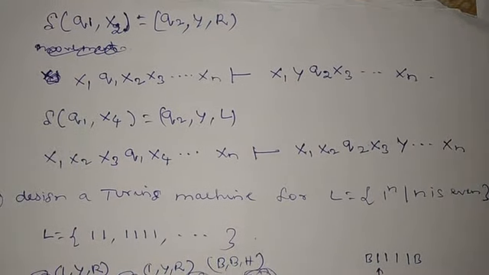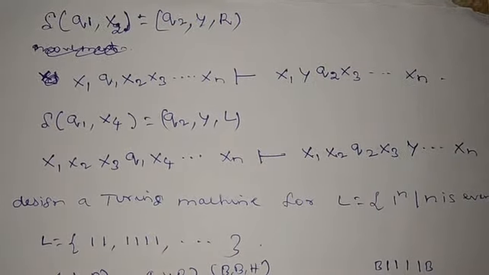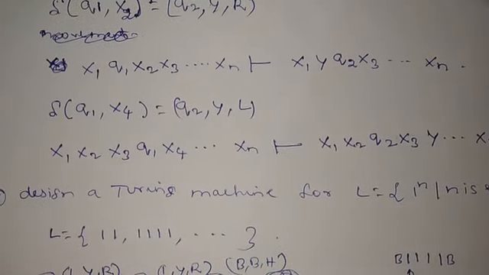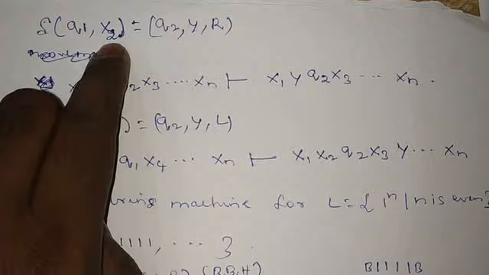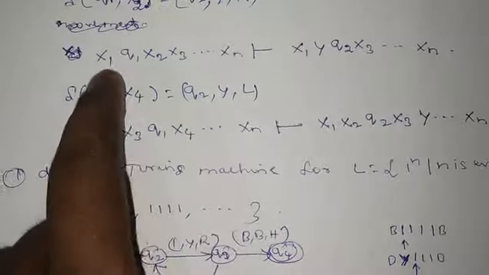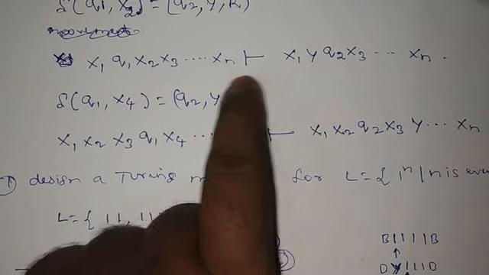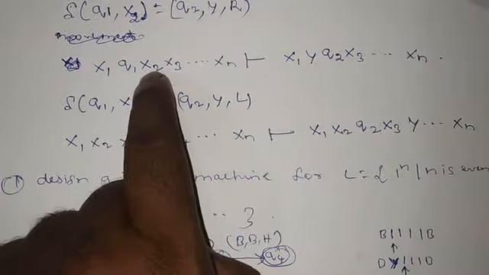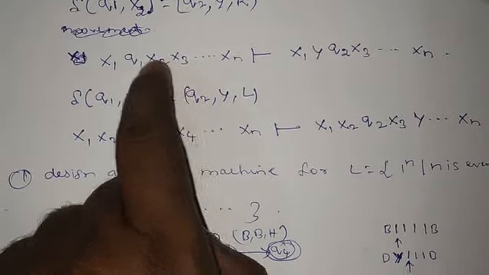So after applying this transition, what happens? This X2 has to be replaced by Y, and then it should move in the right direction. So this is the initial state. Now when I replace this X2 by Y and move to the right side, obviously this Q1 will become Q2.